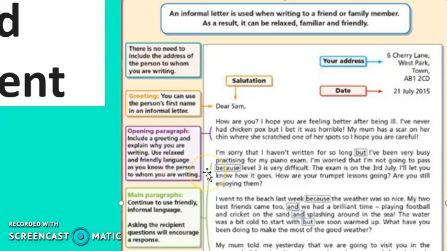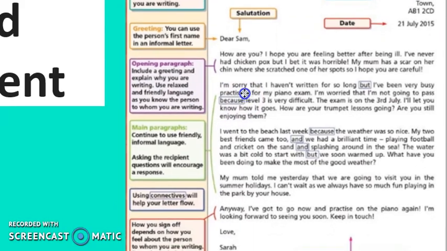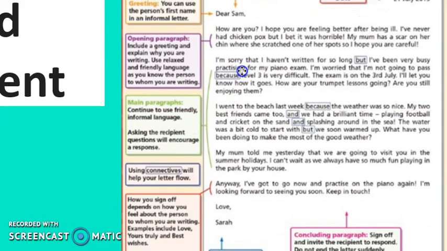Okay, in the next paragraphs, let me zoom in a little bit more. In the main paragraph, you continue to use friendly informal language, as you can see here, and asking the recipient questions will encourage a response.